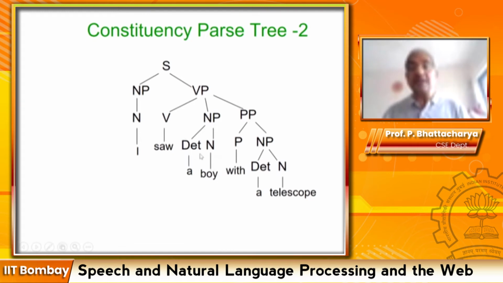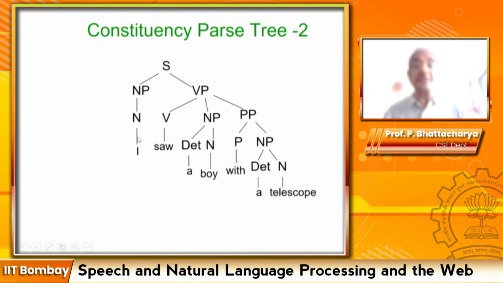So this gives an indication that this activity of seeing was performed with a telescope, the preposition phrase, and the activity resulted in seeing the boy. So seeing, the object of seeing and the instrument of seeing are at the same level, making up that verb activity of seeing.